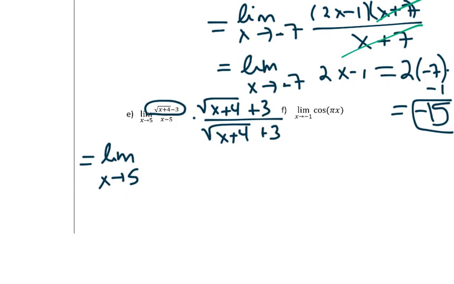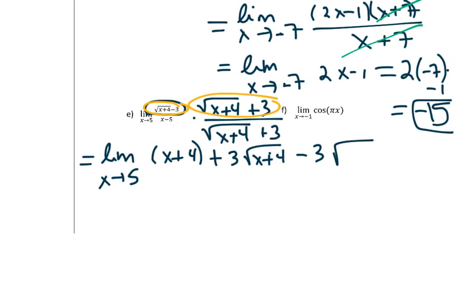All right, let's multiply. So we've got this times this. Square root of x plus 4 times the square root of x plus 4 is just x plus 4. Square root of x plus 4 times 3 is 3 square root of x plus 4, and then negative 3 square root of x plus 4. Slow down and pause the video if you're not seeing this, but I'm kind of FOILing here.